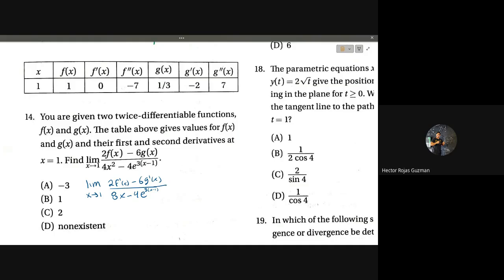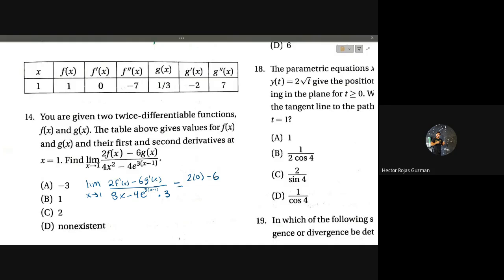Okay, and apply the chain rule correctly here. Times the derivative of 3x minus 1. Or you can think of it as 3x minus 3 if it makes it easier. But that's just going to be times 3. Okay. F prime of 1 is 0.